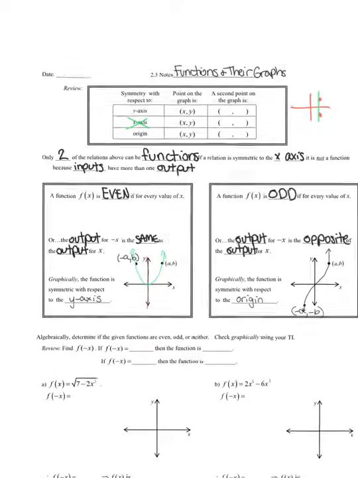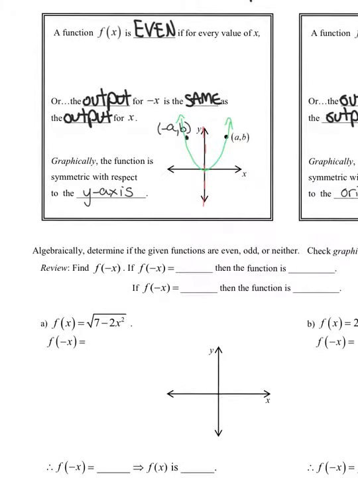So how do we check this algebraically? Well, we've already essentially done this in section 1, but now we can use function notation since we are in the chapter of functions. By definition, an even and an odd function are both functions. Remember, for an even function, if we plug in negative x, we should get out the same value as if we plugged in just regular x. So f of negative x is equal to f of x for an even function.